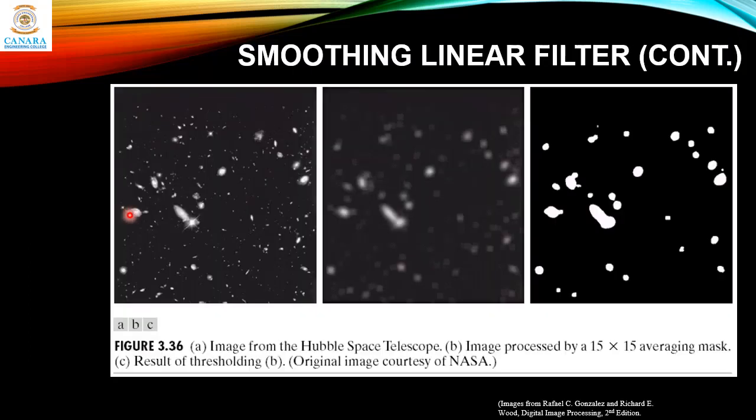Let us examine one more example for smoothing linear filters. This is an image from the Hubble Space Telescope. It's the image of galaxies. And if you apply a 15 cross 15 averaging mask on that, this is the result. It makes the image blurry. And on top of it, if you apply thresholding, this is the result.